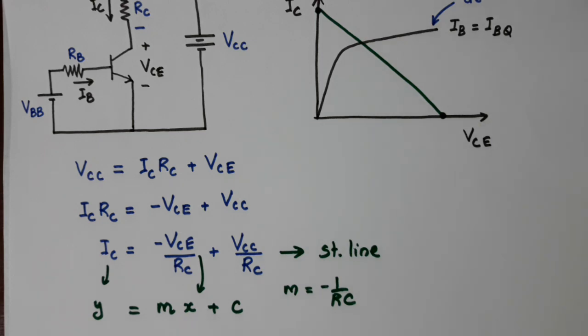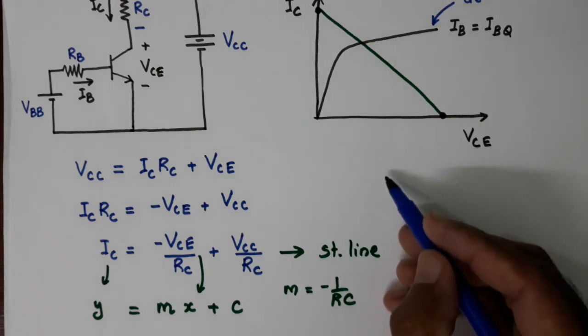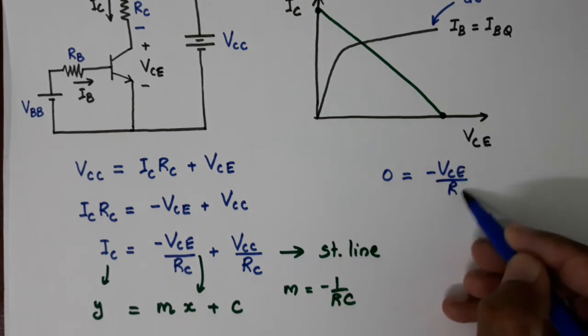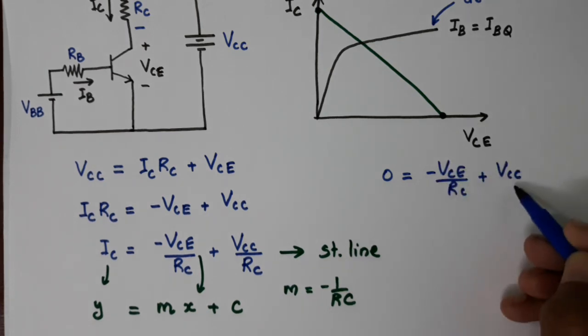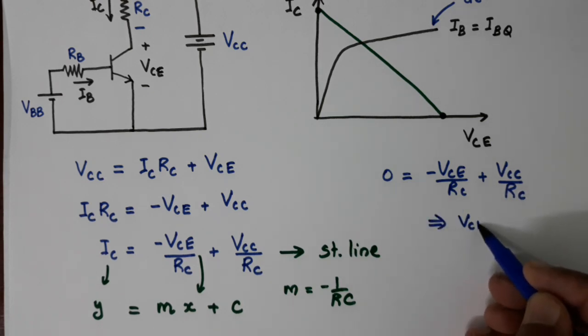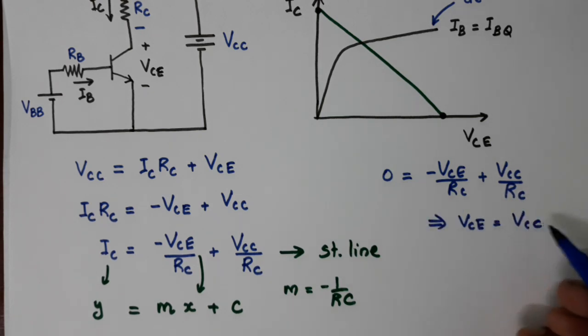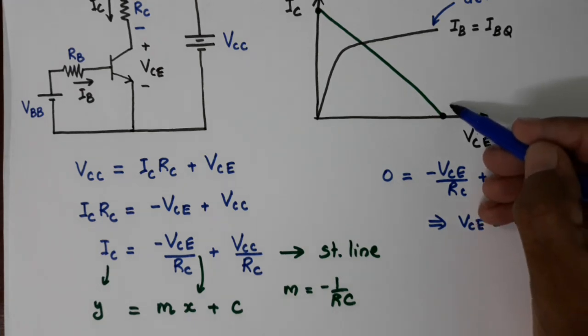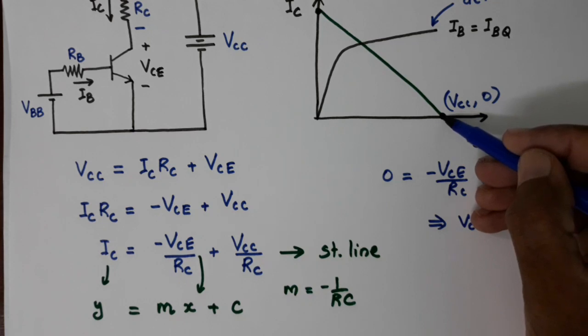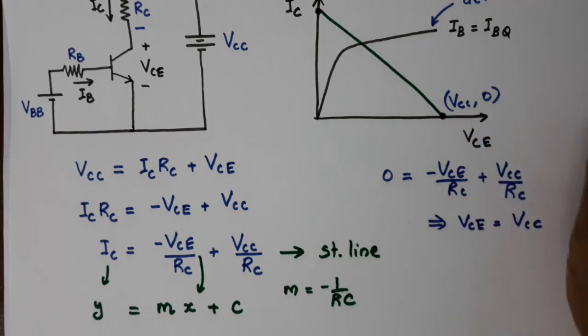So I will get 0 is equal to minus VCE by RC plus VCC by RC. So it implies VCE equal to VCC. So this x-intercept will be VCC comma 0.